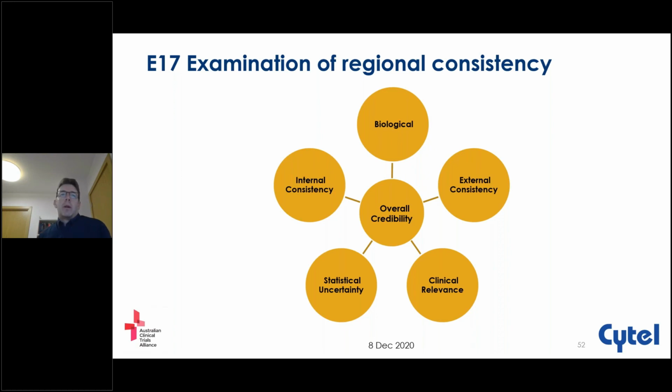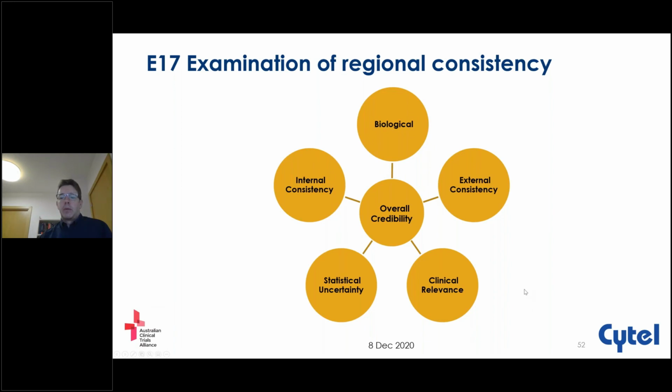It talks about internally consistent and externally consistent results, consistency of results within the trial and with other trials. It talks about statistical uncertainty as being only one aspect of the holistic approach, and then the clinical relevance of these. So it talks quite a lot about this space.